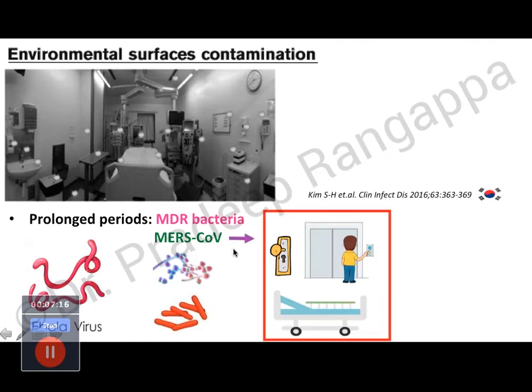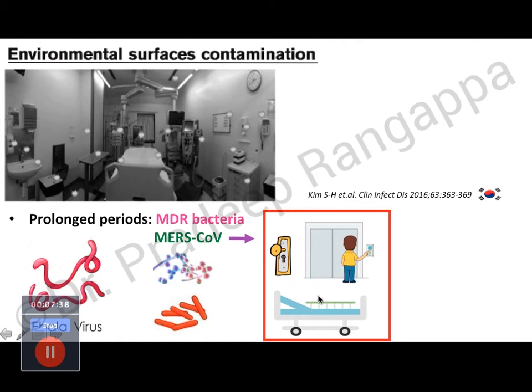And when there was a Middle Eastern respiratory syndrome, MERS, coronavirus outbreak, the outbreaks happened in three countries: United Arab Emirates, Saudi Arabia, and Korea. And in South Korea, when the outbreak happened, they found coronavirus was predominantly present on the doorknobs, elevators, and the bed railings.